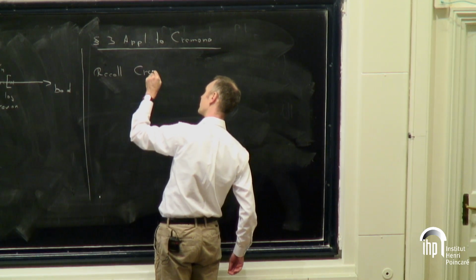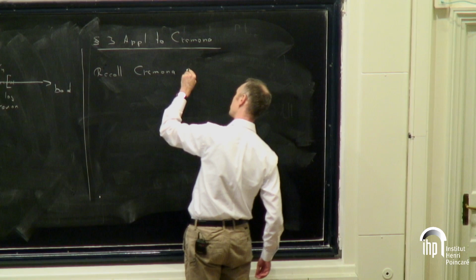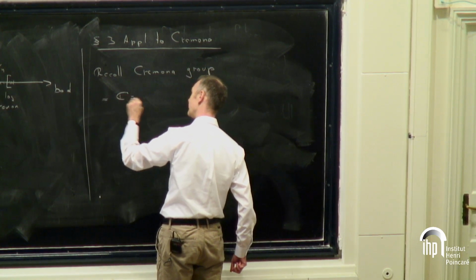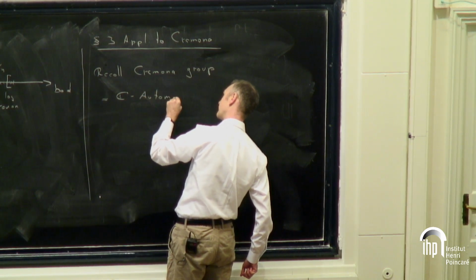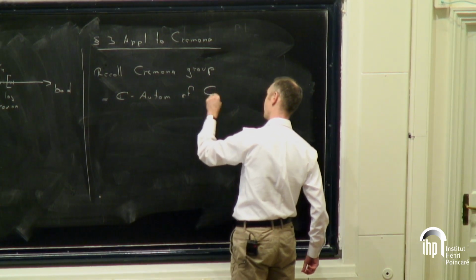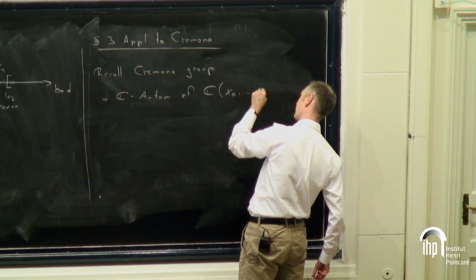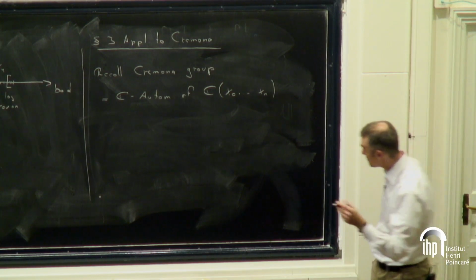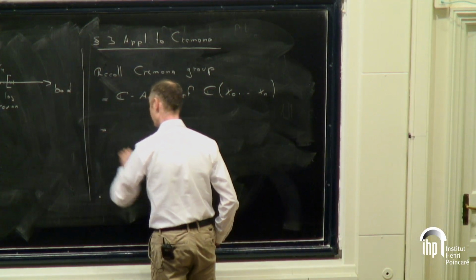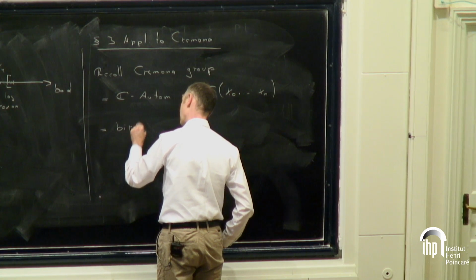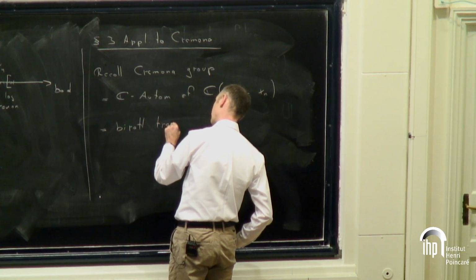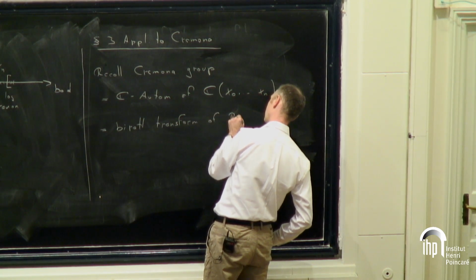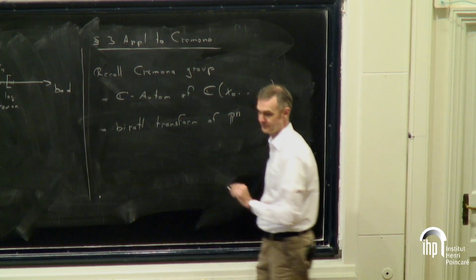Recall, the Cremona group is the group of automorphisms of the field of rational functions in n+1 variables, or, if you wish, it's the group of birational transformations of P^n.